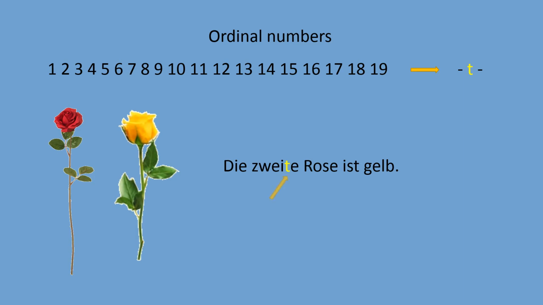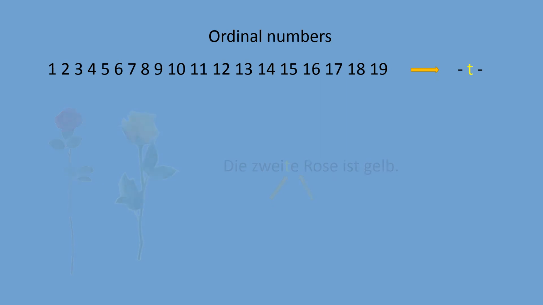We put suffix t to the end, but then we still use the specific ending of a preceding adjective in the nominative case. So this is our ordinal number second, die zweite Rose. This is the way we create the ordinal numbers with the first 19.